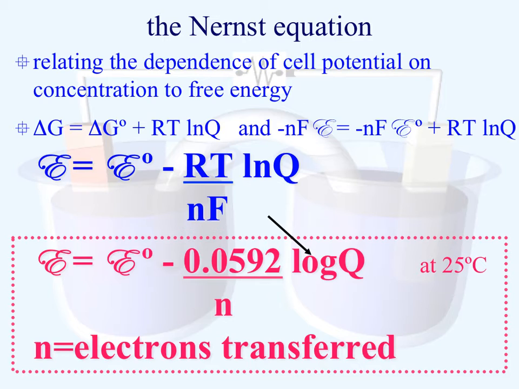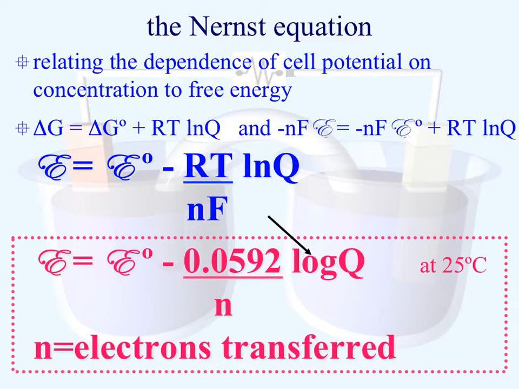So basically, the Nernst equation is derived from two equations that we've already seen. We saw this in our last unit, and we saw this one here actually in our last lecture. Combining these two equations and making some additional mathematical adjustments brings us to the Nernst equation.